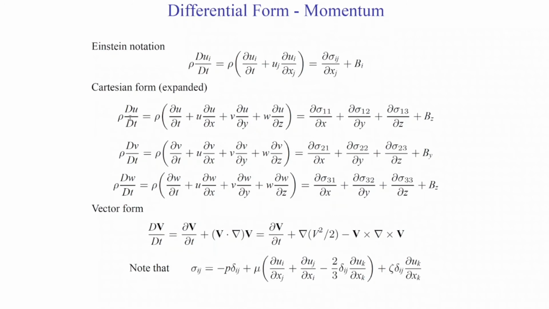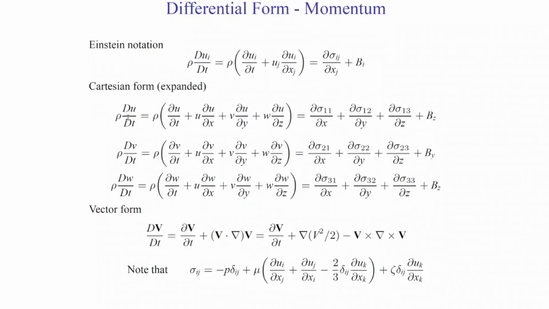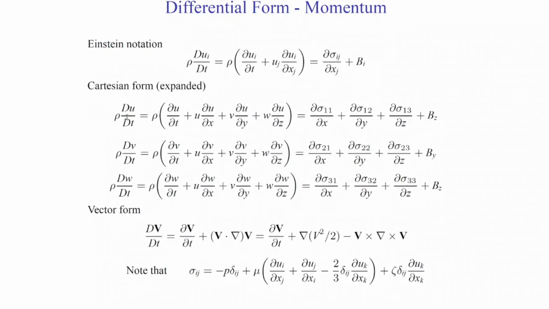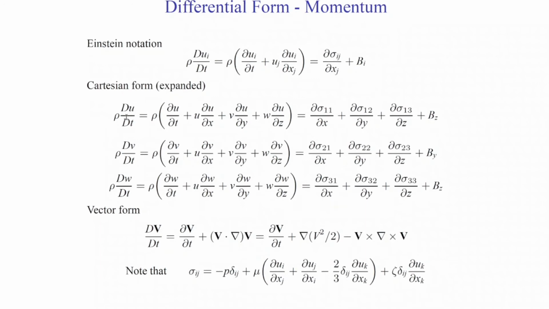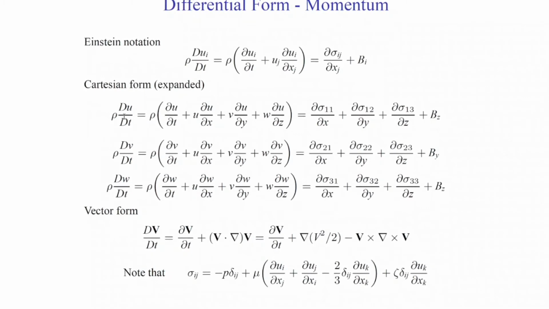Now, in this right-hand side, we also have a particular density times partial u_i partial t plus u_j partial u_i partial x_j. This is simply expanding the material derivative into the index notation. Balancing the left-hand side of these equations, remember these two terms are the same, it's just the material derivative is being expanded out into the index notation. And you might see this is a very interesting term.